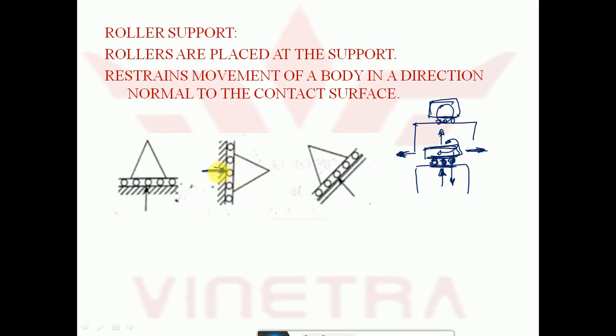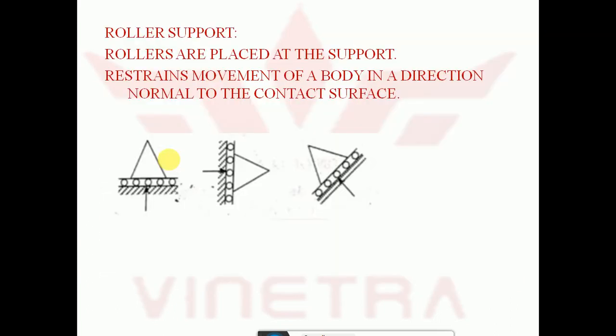The reactions developed are always perpendicular to the contact surface. Here this is an inclined contact surface. The reaction developed is perpendicular to this contact surface itself. This is the symbol of a roller support. To show a roller support anywhere, you have to represent it symbolically in this manner.